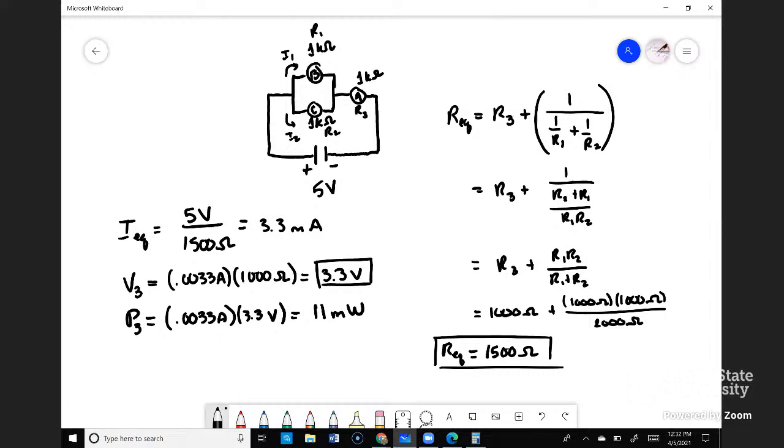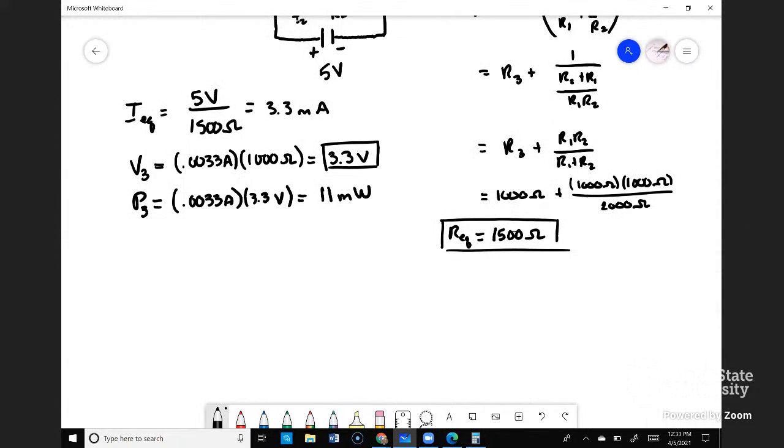Now we need to figure out what is I1 and I2. Okay, because the resistance is the same in the top and the bottom, we know that the voltage drop across each is going to be identical. However, the total voltage across those branches is identical. Okay, what is the equivalent resistance of this circuit right here? Well, if you look back at our mathematics, that portion of it, which was right here, was 500 ohms.